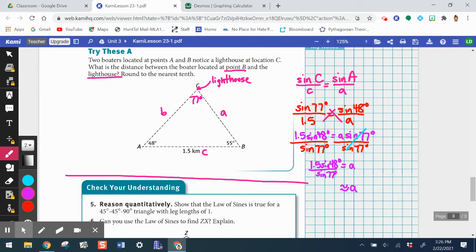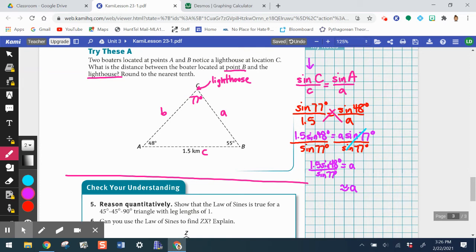Now, what I have in the law of sines is I have a complete ratio because I have the measure of angle C and the opposite side of angle C, which is, again, I went ahead and labeled it lowercase c. So I'm definitely going to use the sine of C over c. This is why you see that here, because I have that full ratio. I have the angle measure for C, and I have the side measure opposite of it.